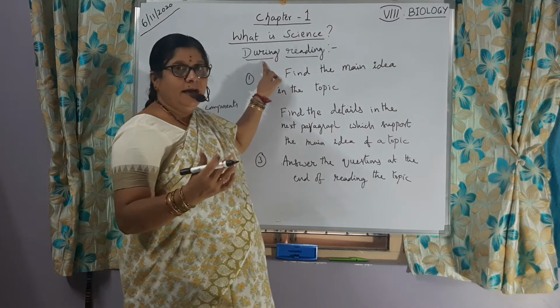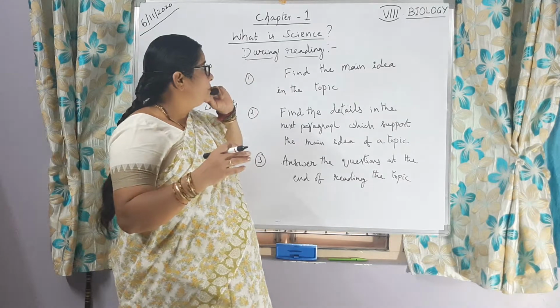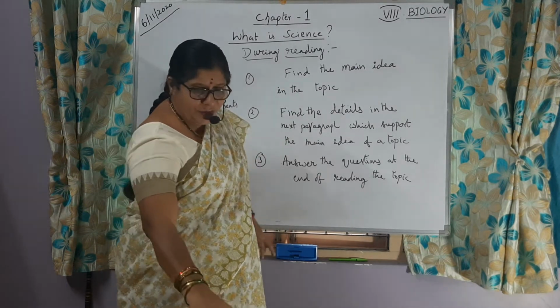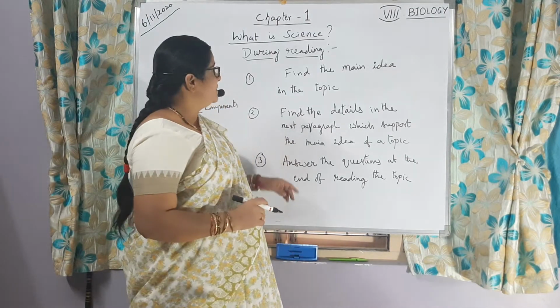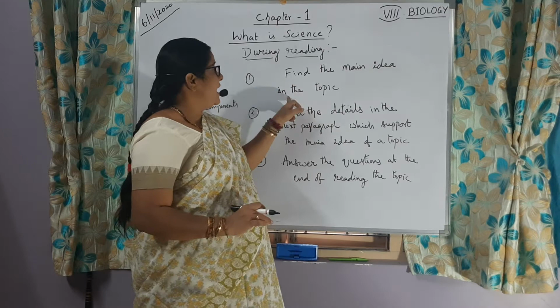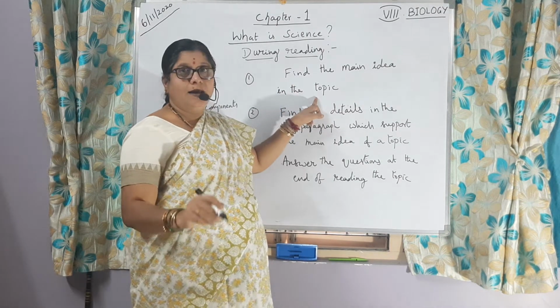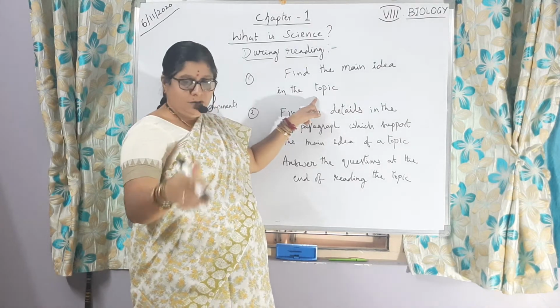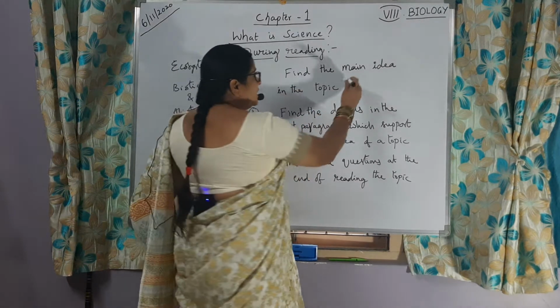Now, while reading the topic, what do you have to do? If you see table 2 on page number 11, first what are the steps you have to follow? Find the main idea given in the topic. If you observe this table, look at the pictures and you can get the main idea.